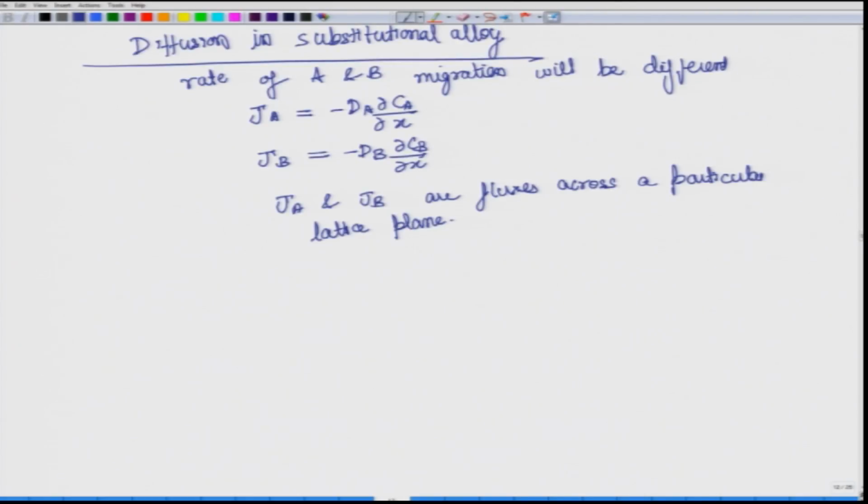Now, if total number of atoms you are already given, now here we will need to introduce some additional concepts. As you will see, if total number of atoms per unit volume is equal to C naught, then you would realize that C naught should be a constant.